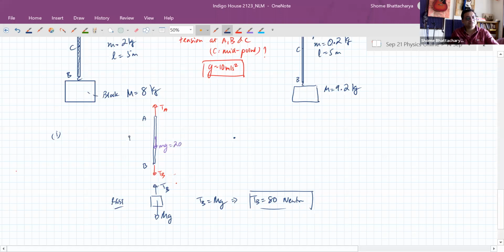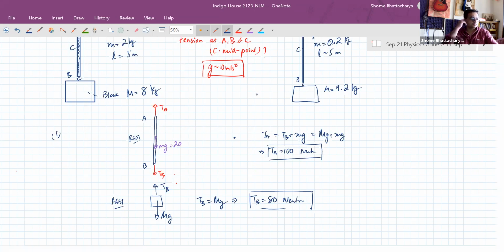So the rope is also at rest. For the rope, we'll have the equation TA is balancing TB plus its weight. Yes, very good, Rishita, that's correct. Okay.